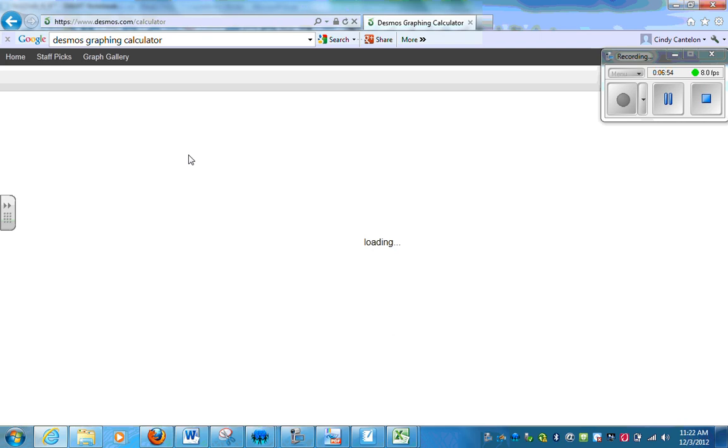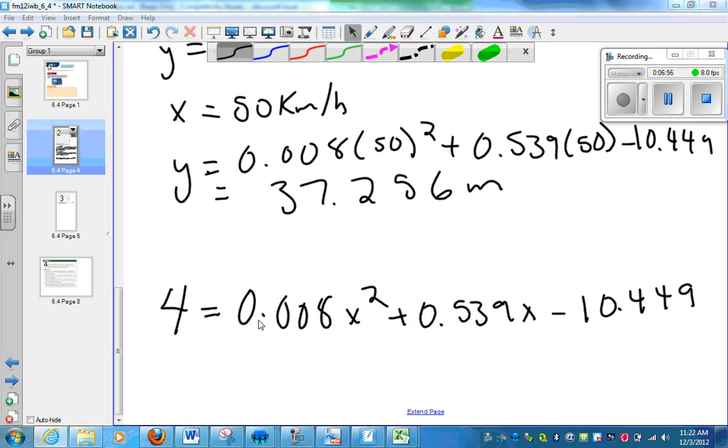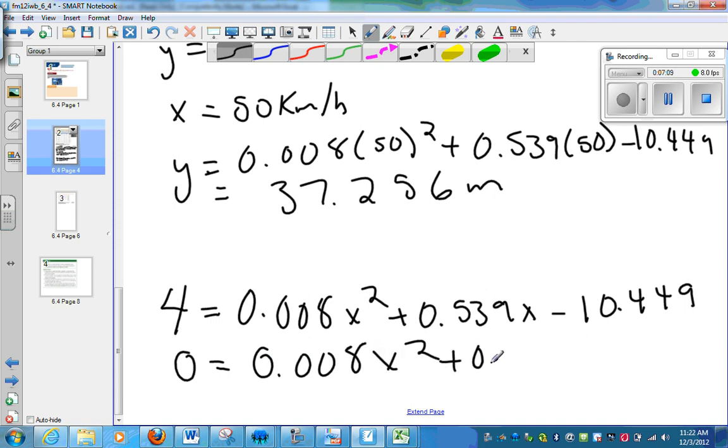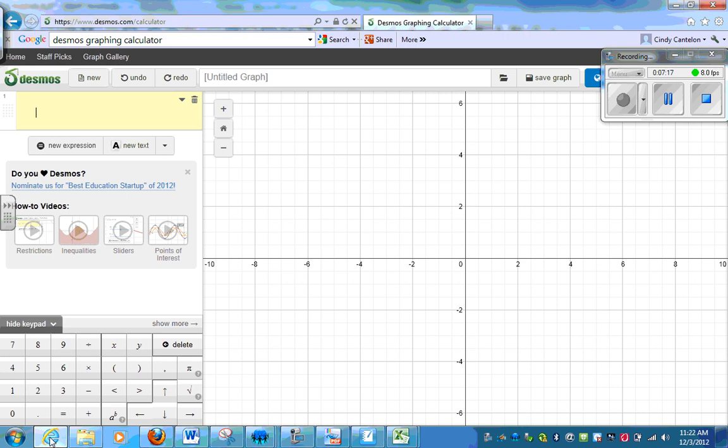So what I'm going to do is bring the 4 over. I'm going to subtract 4 from both sides. So I get 0, and then I'm going to be looking for the x-intercept. So 0.008x squared plus 0.539x, and I've subtracted 4, so this becomes 14. Okay, so now I'm going to go to my graph.